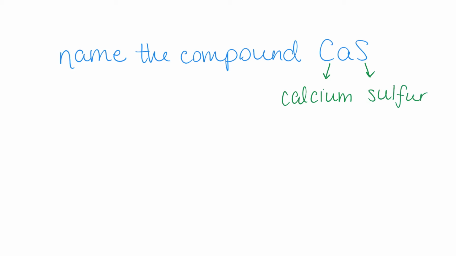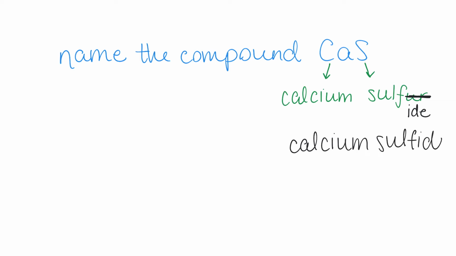But in all of these, we are going to take the second element and eliminate the last sound and replace it with ide. So this is going to be calcium sulfide.